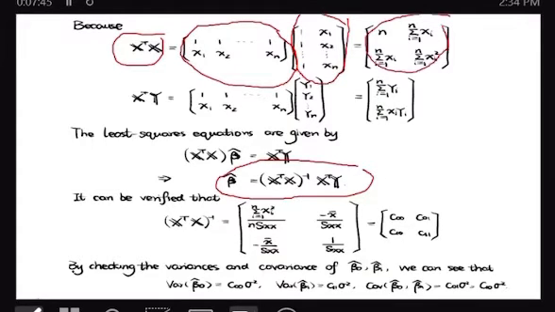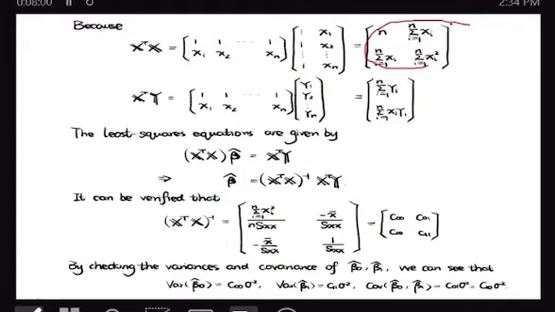And when that gives me that, I have my X transpose X. Now the next step is to get the inverse of that, so the inverse is what I put here.